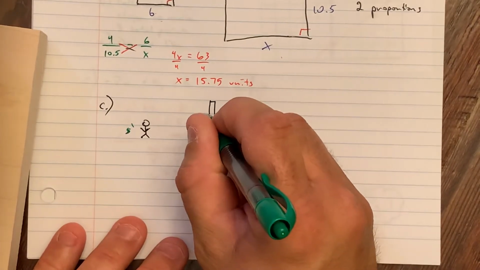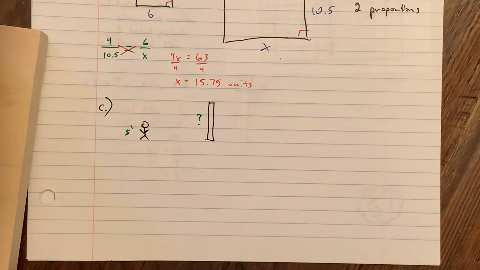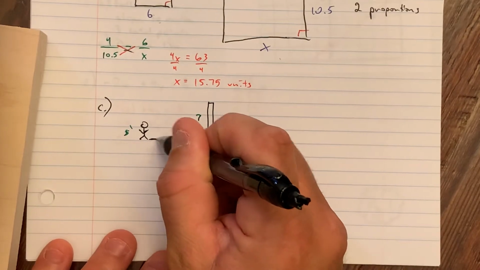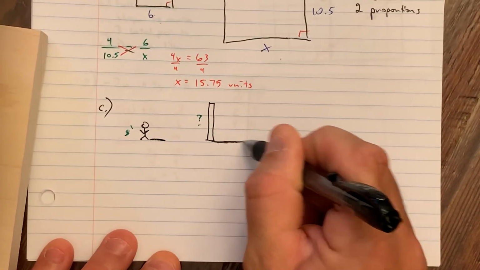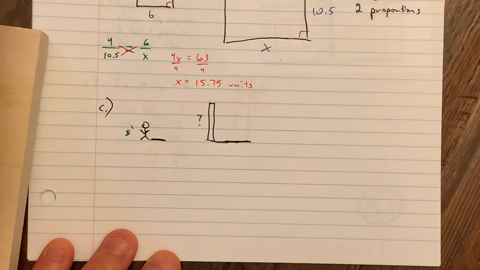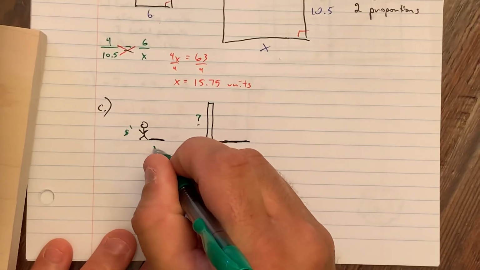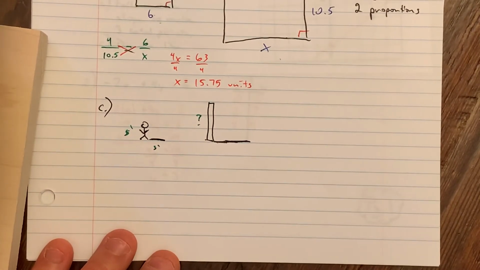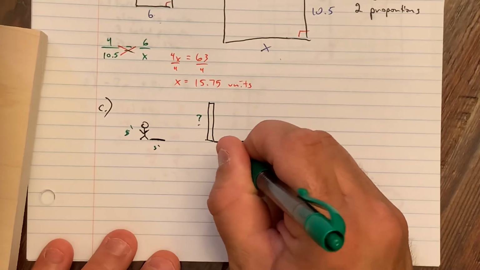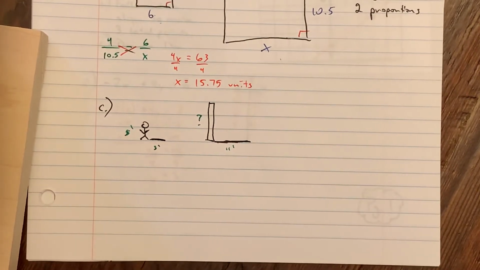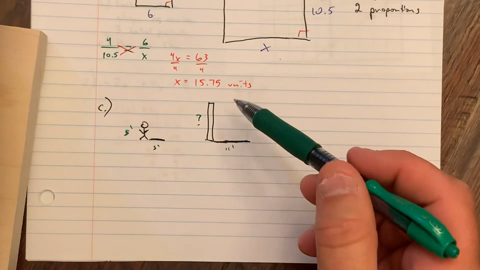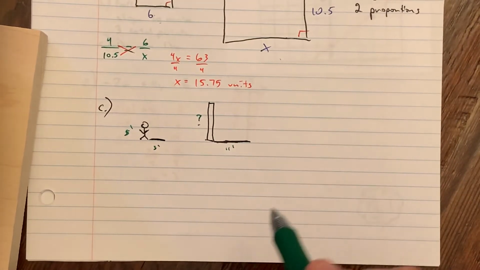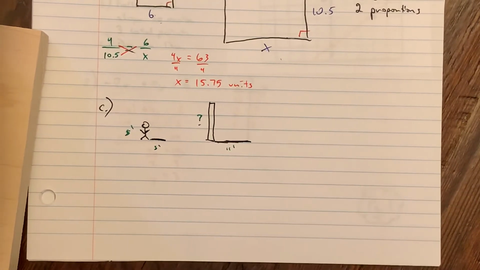We don't know how tall that light pole is, so we want to figure out how tall it is. We can see how long our shadows are. Your shadow is 3 feet. You measured the pole's shadow. It's 11 feet. You want to know if this pole falls in your yard, if it's going to hit your bike or your house or your pet iguana.